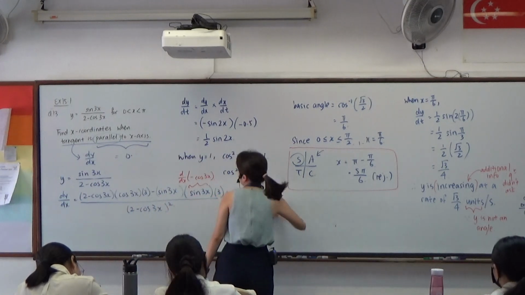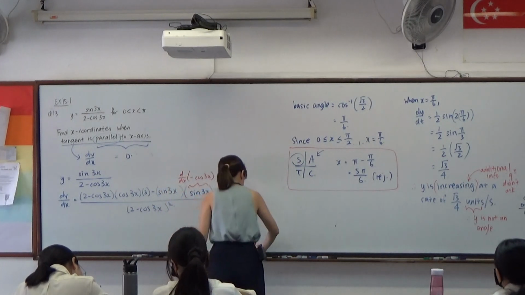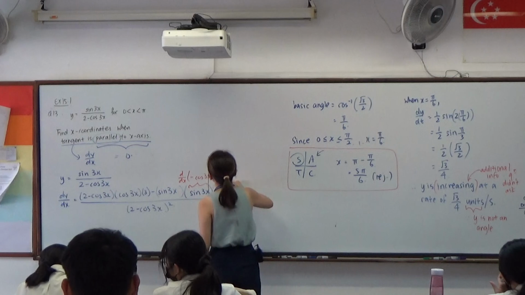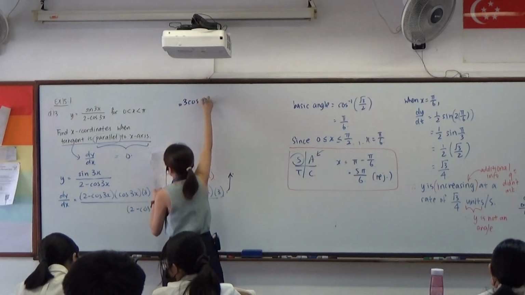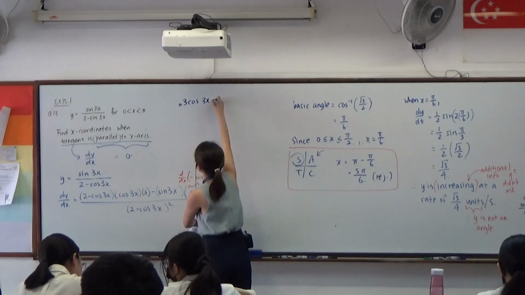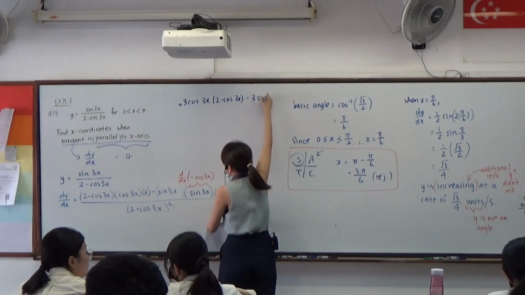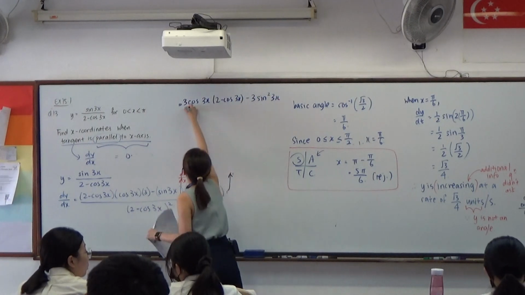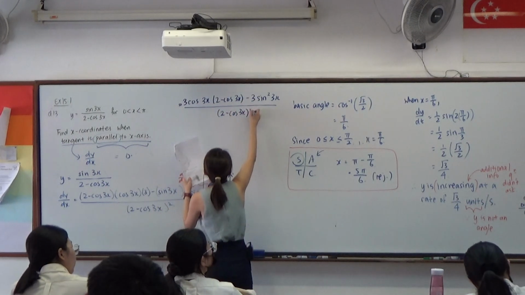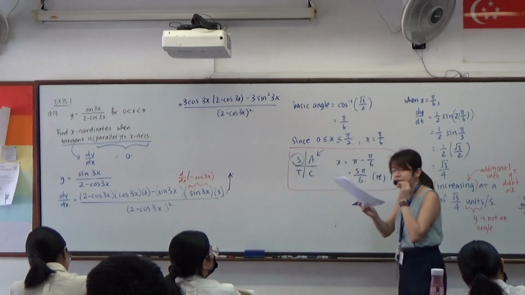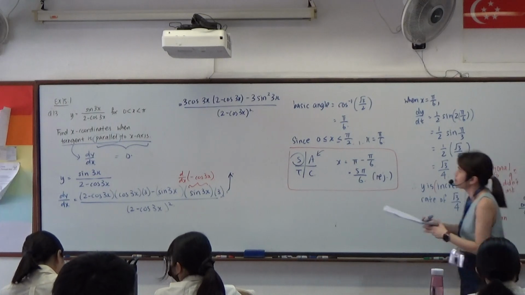Then from here, let's try to simplify it so that it will be easier for us to work with. So 3 cosine 3x times 2 minus cosine 3x, minus away 3 sine squared 3x. Okay, so this is at best that we could leave it, without going too deep.